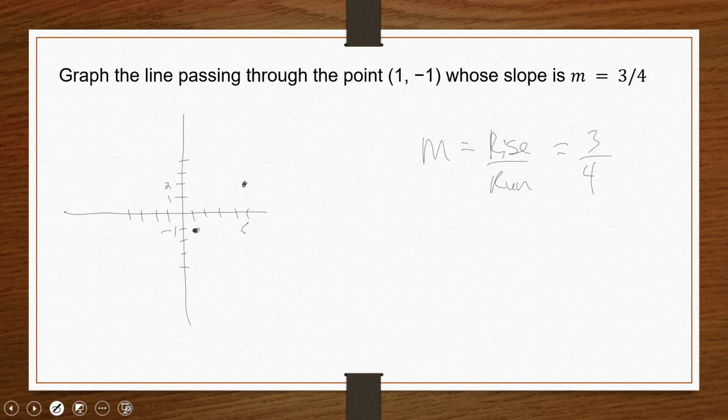So there we have our first point at positive 1, negative 1. And our second point would be 3 units up, which put me at positive 2, and 4 units to the right, at positive 5 in the x, y direction.